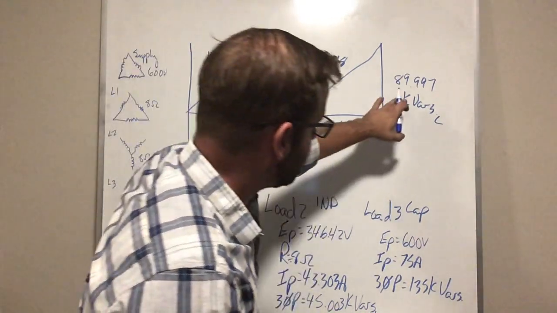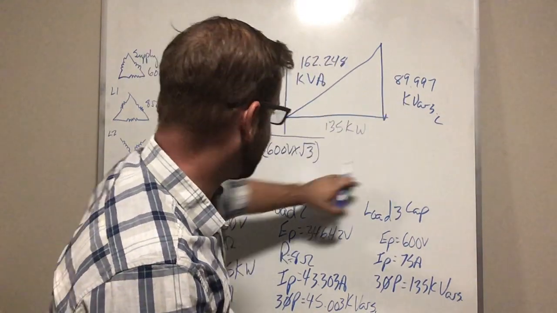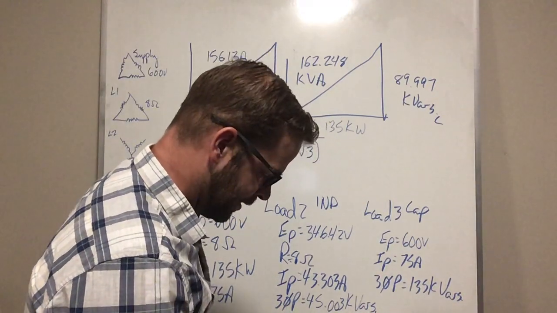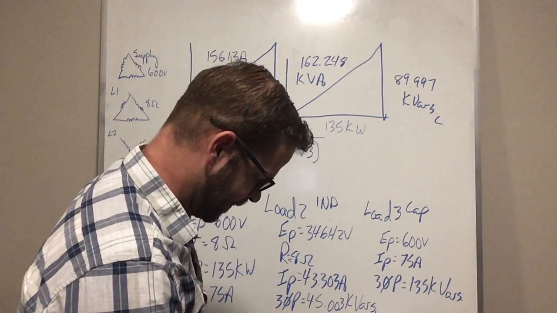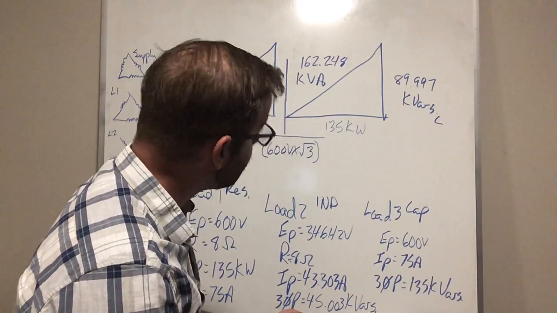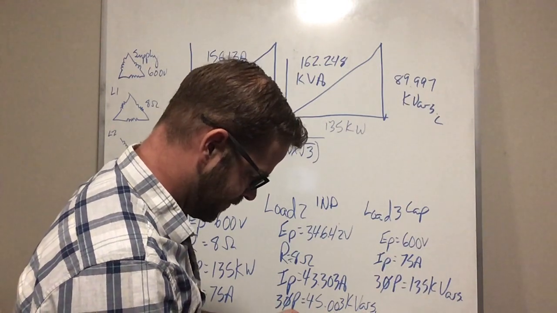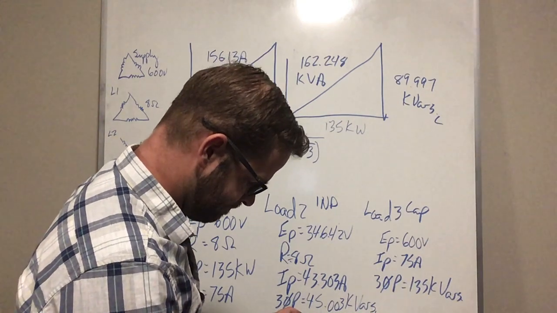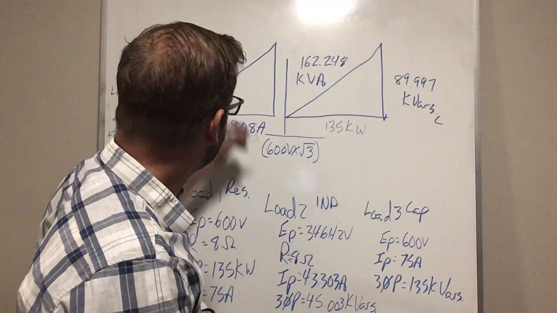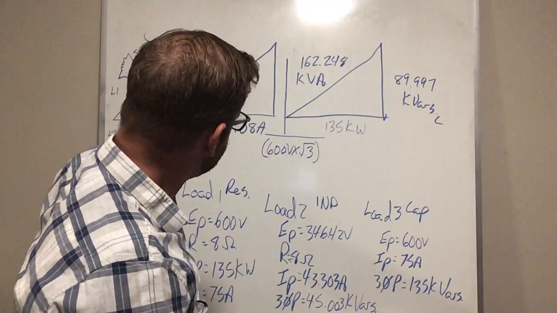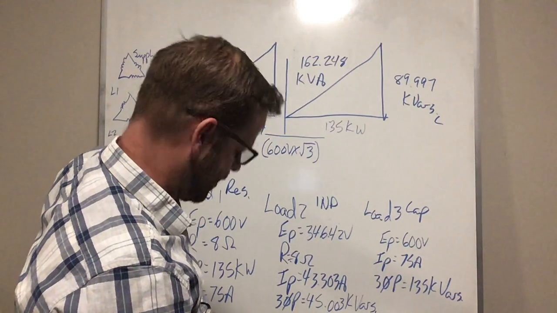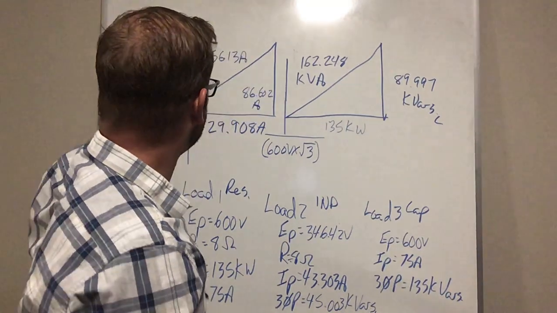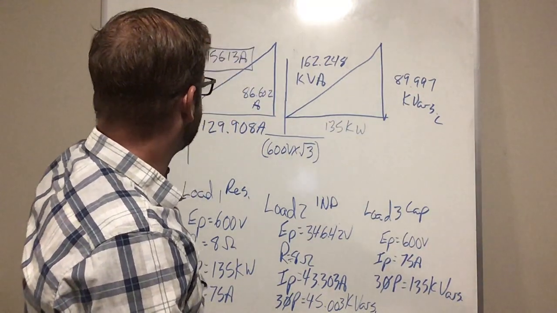And then now we're going to do 89.997 kVARs divided by this to get our net reactive current in the line. 89.997 divided by 600 times root 3, and that gives us a net current of 86.602 amps. So that is our total line current.